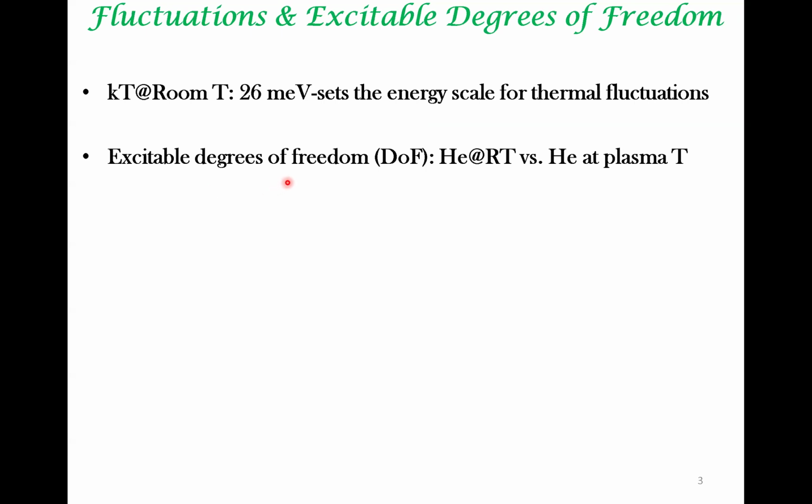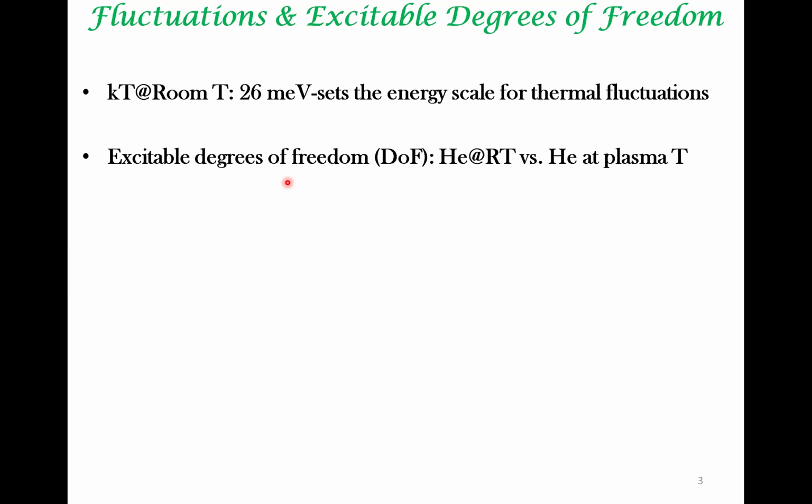So the excitable degrees of freedom are more, with electronic excitation. Nuclear excitation is much harder. Even though the nuclear degrees of freedom can potentially be excited, at normal temperatures we do not really take them to be excitable degrees of freedom. Those degrees of freedom more or less are frozen.